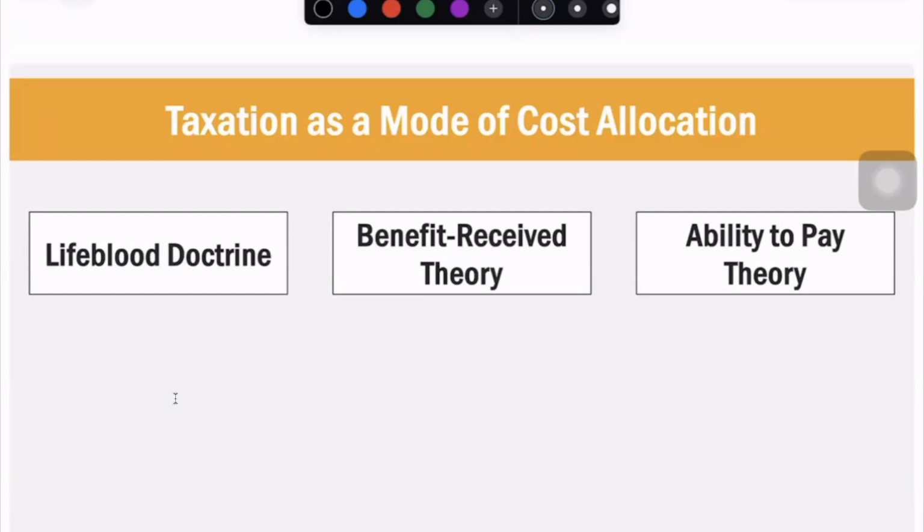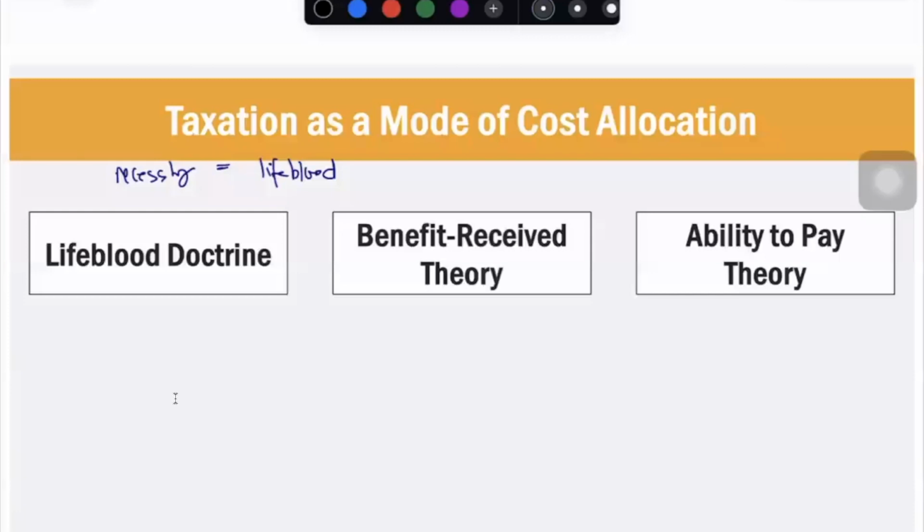Therefore, it is a mode of cost allocation. So when we say necessity, we're talking about lifeblood. Why? Because without taxes, the government cannot exist. Again, no government is expected to exist without taxes.